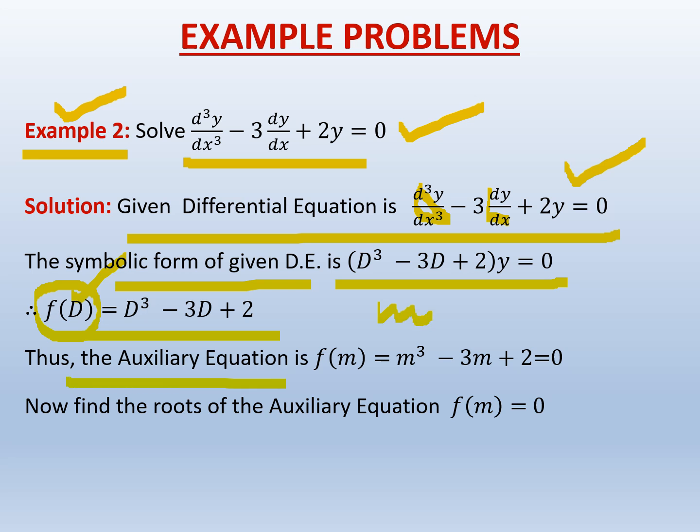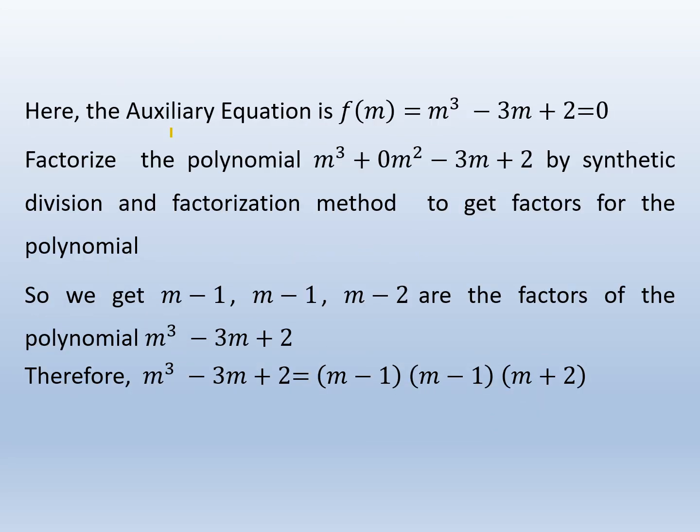Thus, we get the auxiliary equation like this: f of m is equal to m cube minus 3 times m plus 2 is equal to 0. Now, find the roots of the auxiliary equation, f of m is equal to 0.